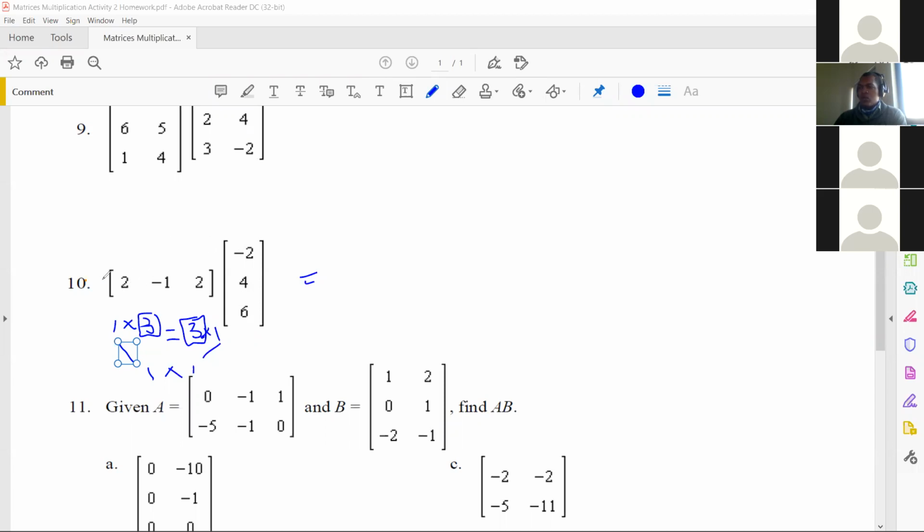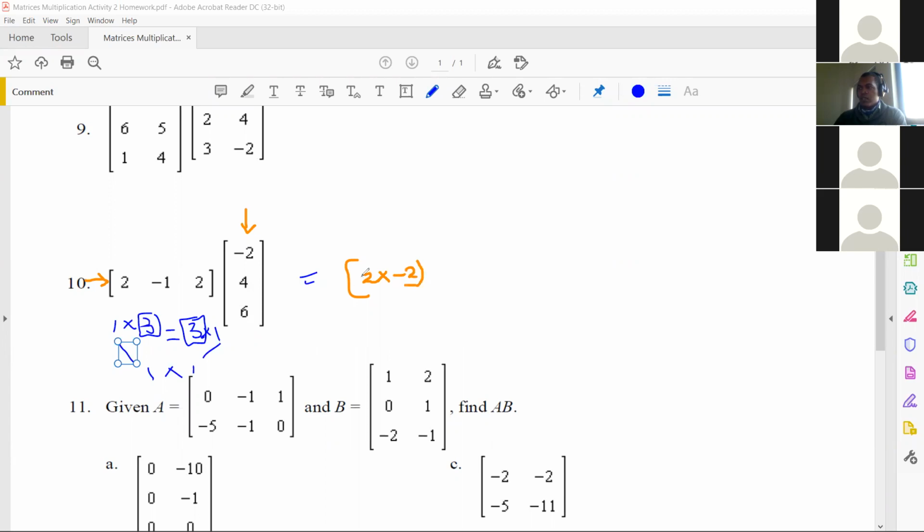We said we are going to multiply row by column, right? So for this answer, I'll just make a matrix over here. The first element in my row, which is the 2, multiplied by the first element in my column, which is the -2.